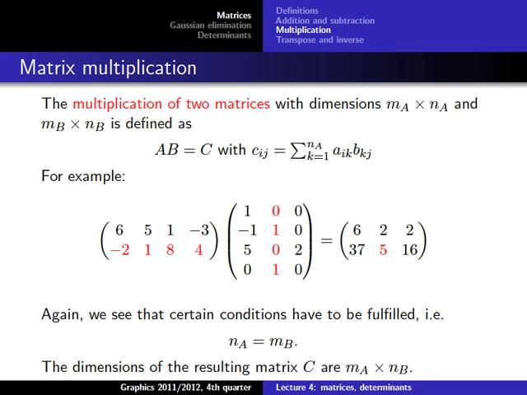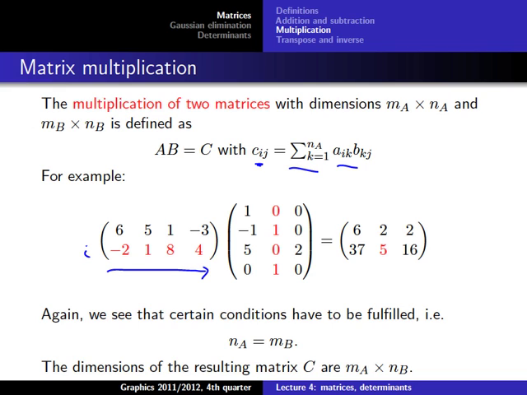In the matrix case we define the multiplication of 2 matrices in this way, which looks a little more complicated than the others, but it's actually pretty simple if you look at exactly what it is. We multiply the coefficients, and then we sum it up over an index k that runs from k is 1 to NA, which is the number of columns of the first matrix. So we go through the first matrix by column for a certain row i.